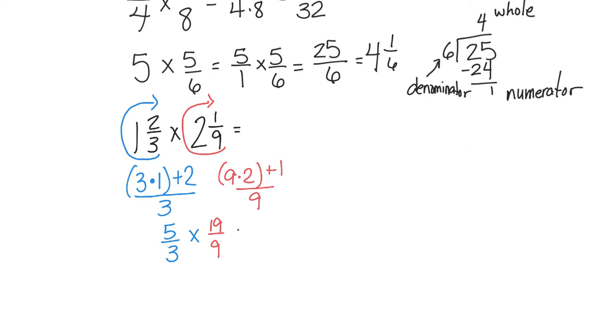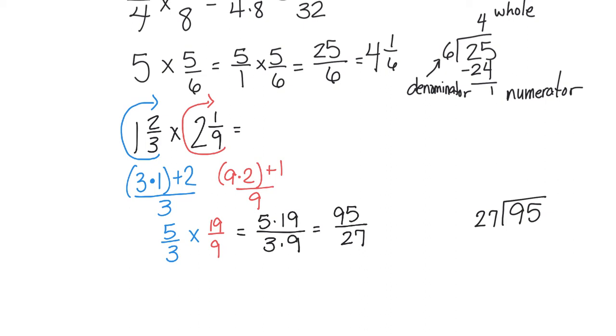Then we go back to our rule for multiplying, where we multiply numerator times numerator and denominator times denominator. 5 times 19 would give you 95 over 27. Again, this is an improper fraction because the numerator is larger than the denominator. So students come to the side and divide 27 into 95.